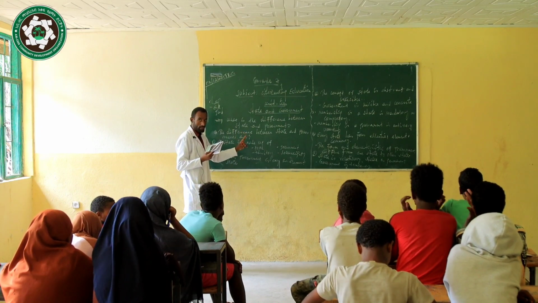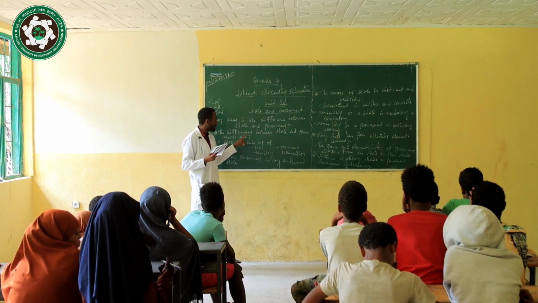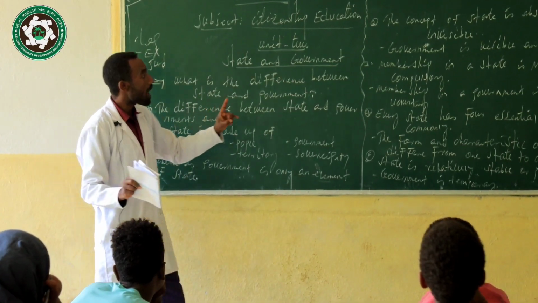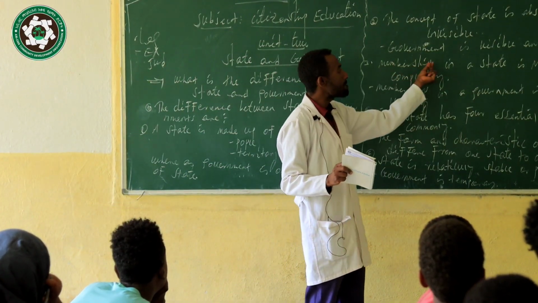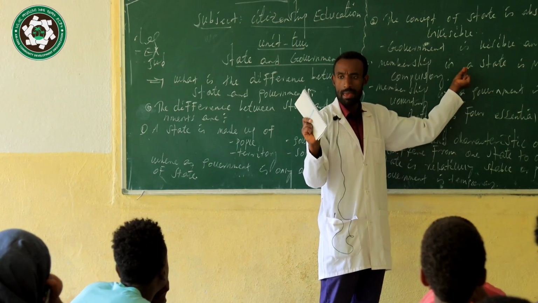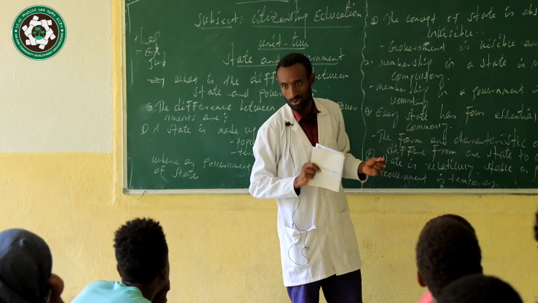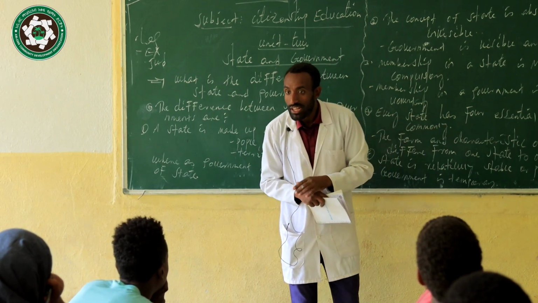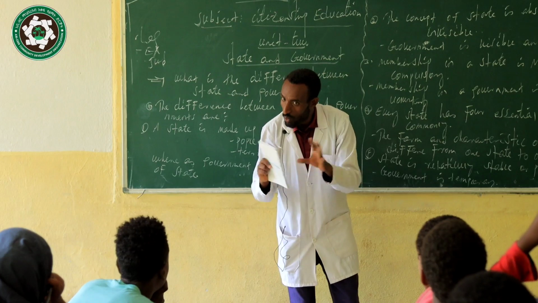So what is the difference between state and government? A state is this, whereas government is this. Look, when you come here, membership in a state is most of the time mandatory. But becoming a member of a government is voluntary.